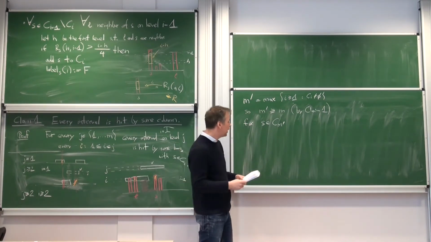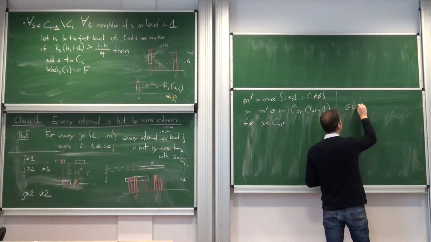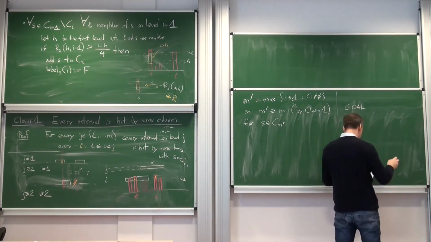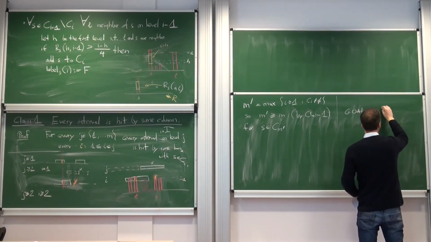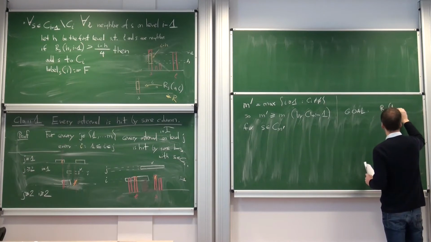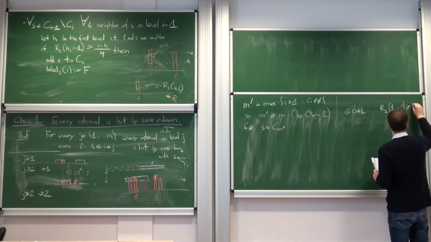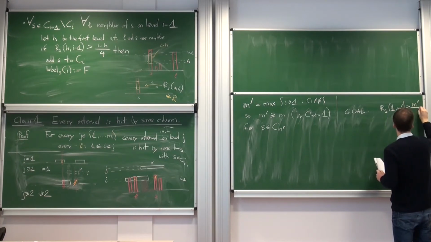And now the goal is, again, to show that the number of r's in that column, all over, so from 1 to m prime, is at least the height of it over 8, so m prime over 8.